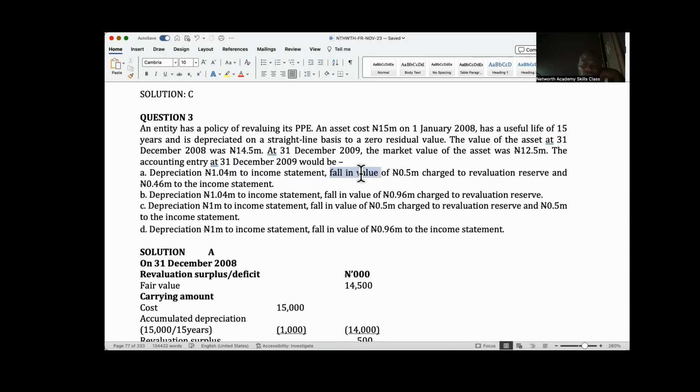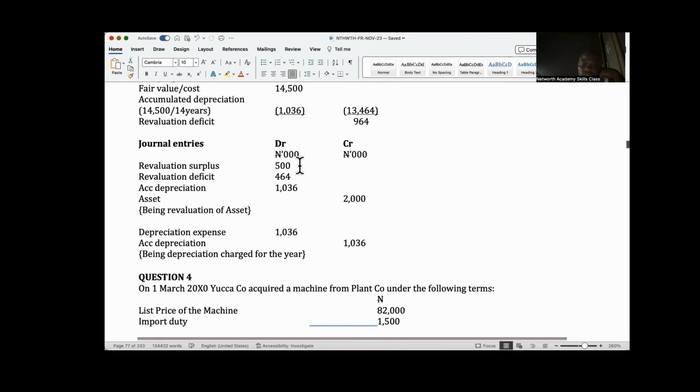Then there is a fall in the value of 0.5 million charged to the revaluation reserve, which is this revaluation reserve that we had to decrease when we had the deficit. So we netted off the surplus. Of course, it will have become a reserve since it's coming from last year.